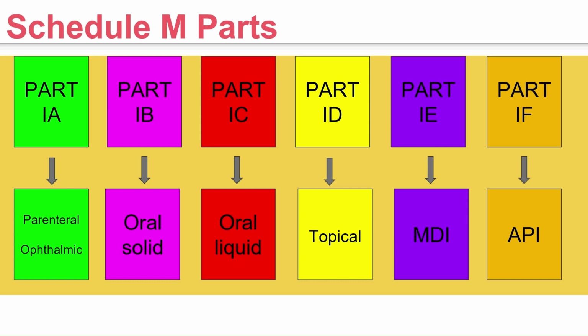So 1A, 1B, 1C, 1D, 1E and 1F can be remembered by using the word POOTMA: P-O-O-O, that is three O's, and T-M-A.